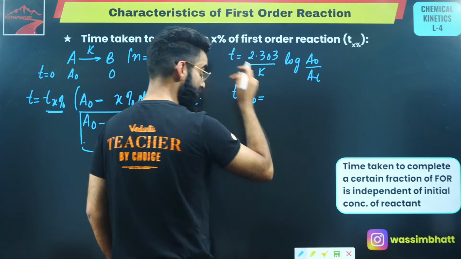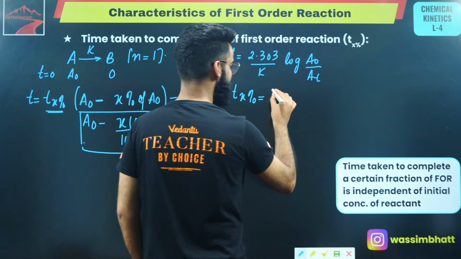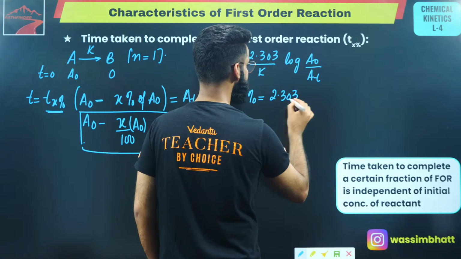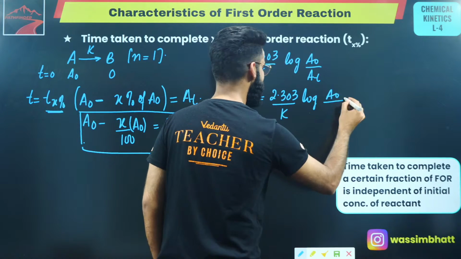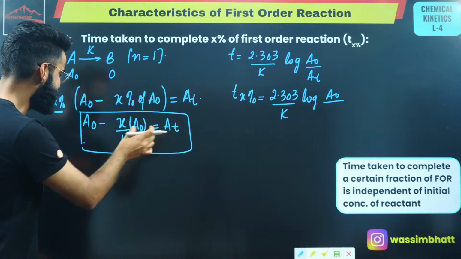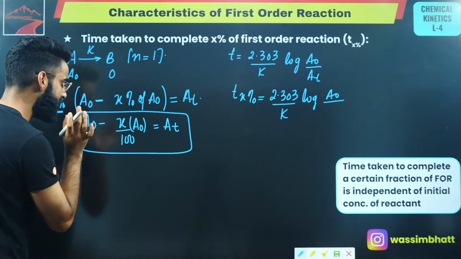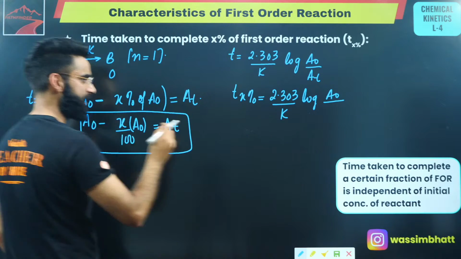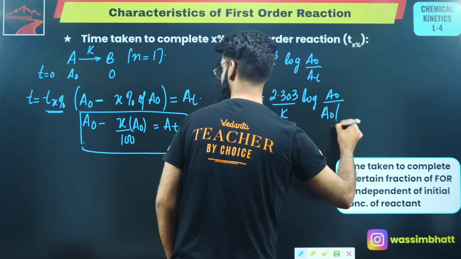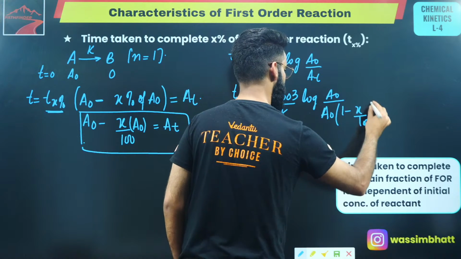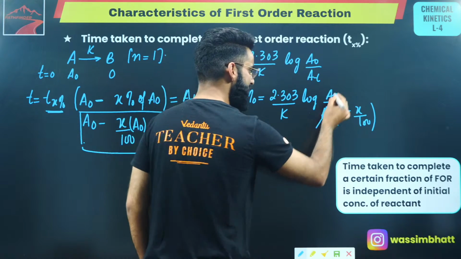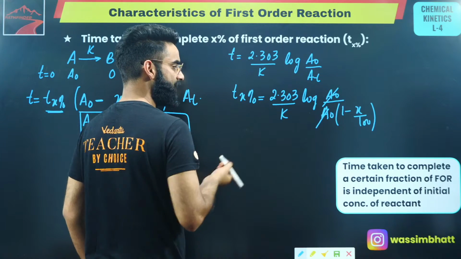That means time taken to complete X% of the first order reaction is 2.303 divided by K log of A naught divided by AT. What is AT? AT is A naught minus X by 100 into A naught. If I take A naught as common, I get 1 minus X divided by 100. A naught got absolutely cancelled.